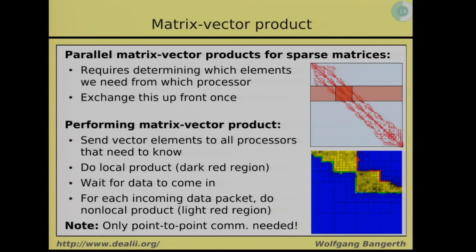And the way you implement this is that up front you figure out which elements do I need to know. So before I even start doing a matrix vector product, I'm going to think about, okay, so these are the rows that I own. What are the degrees of freedom that I don't locally own but that couple in these rows? And then I'm going to find out, let's say, okay, so I need elements 2, 4, and 6. 7 to 20 I own. 22, 24, and 26 I need to get.